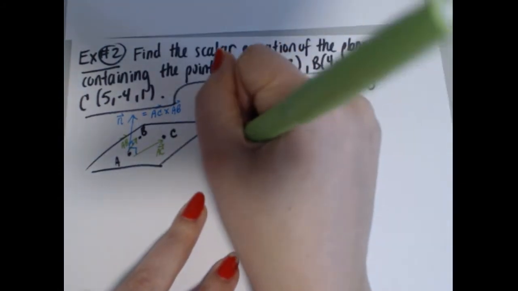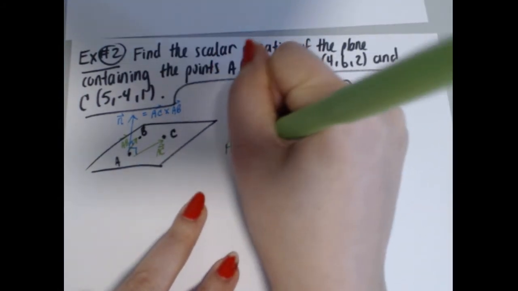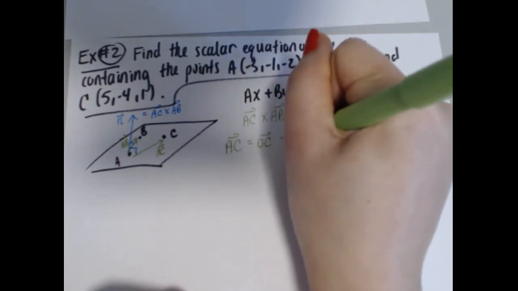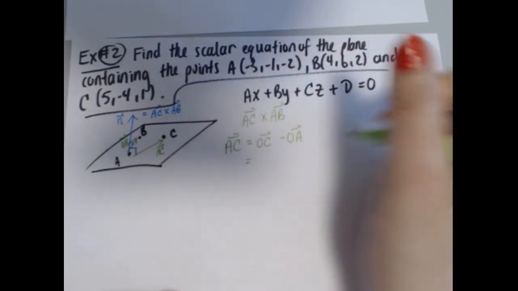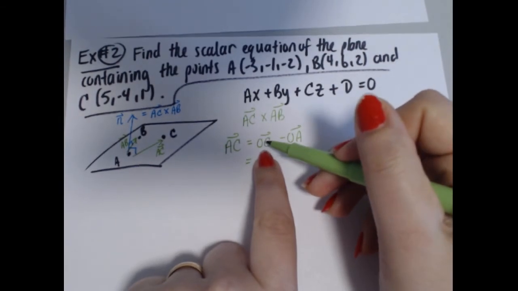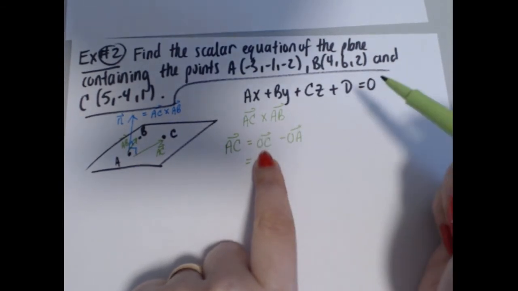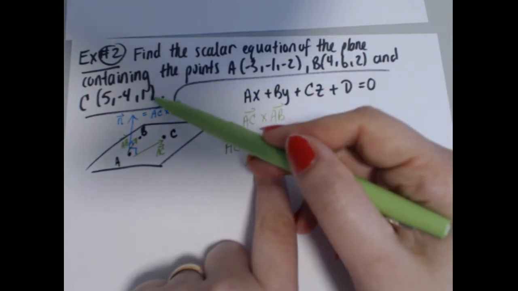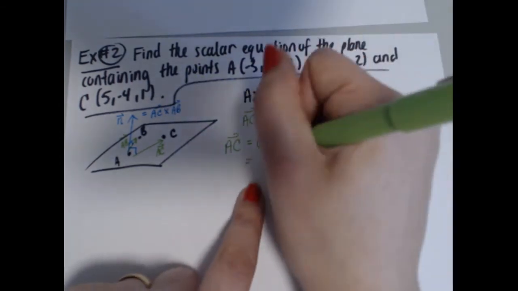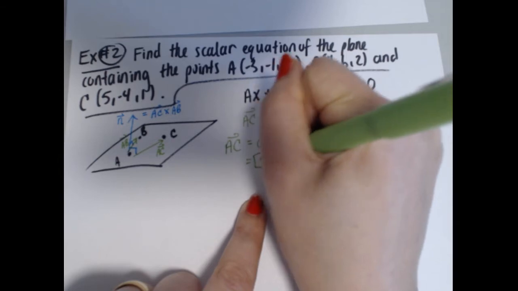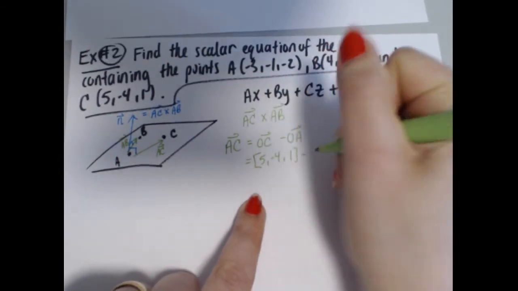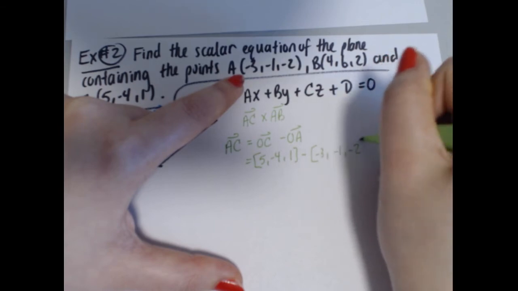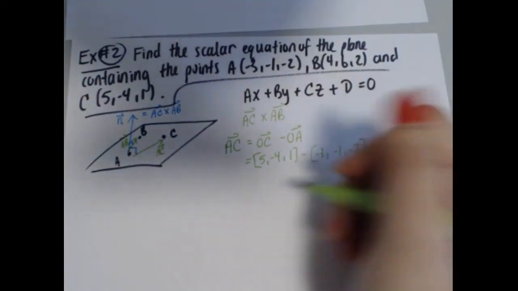So here I go. Let's do AC first. The vector AC is going to be OC minus OA. Okay, now, the position vector OC, I know it's a position vector because I'm starting from the origin and it's going to point C. That is simply point C, but with square brackets around it. So that's going to be 5, negative 4, 1, minus OA, negative 3, negative 1, negative 2.